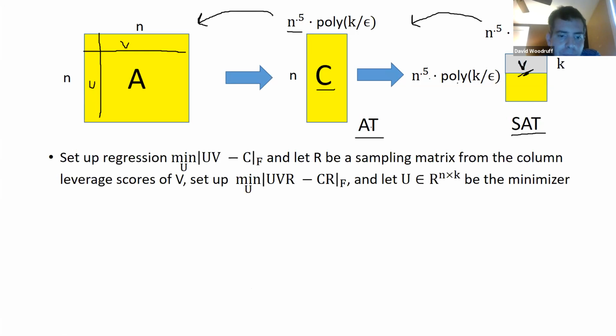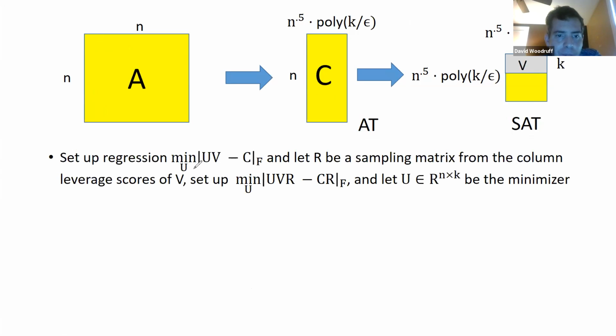Okay, so what does that mean? We have this V for this small matrix SAT.